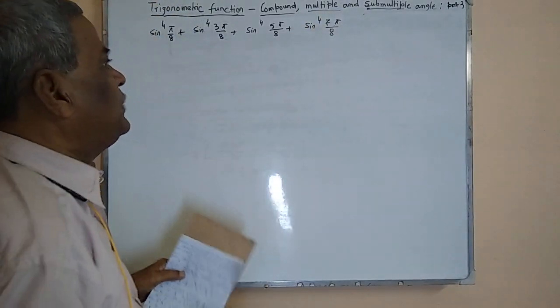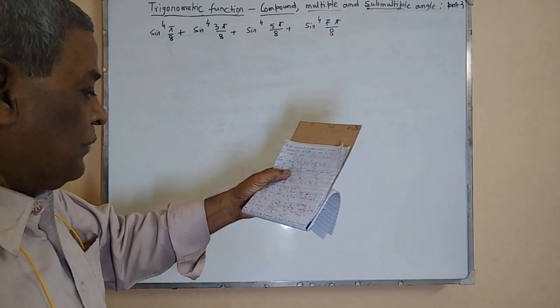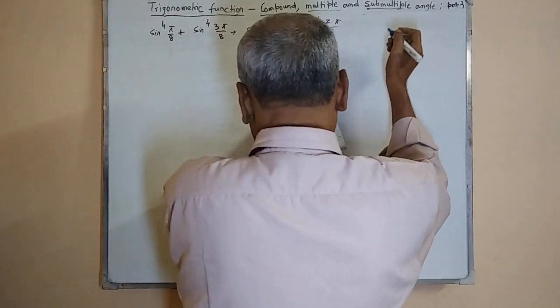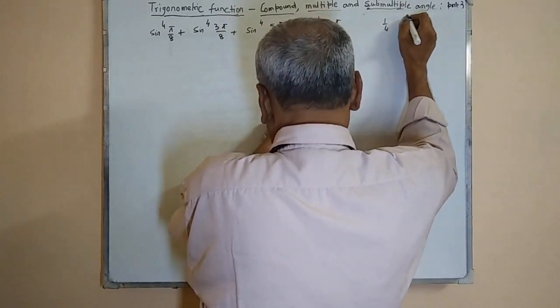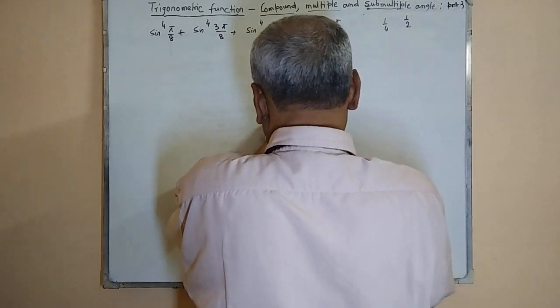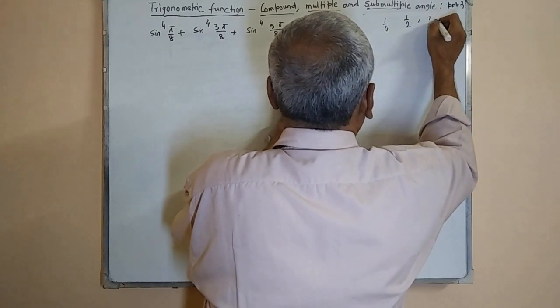We have to find the value of this. Four options are there, and the options are 1 by 4, 1 by 2, 1 and 3 by 2.